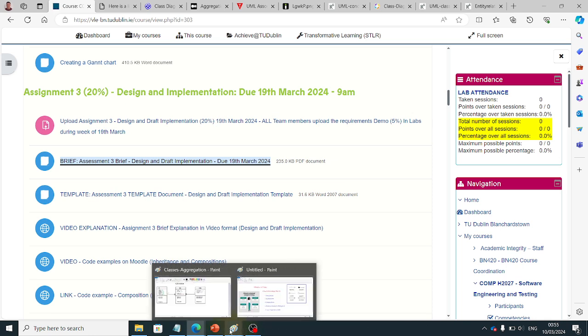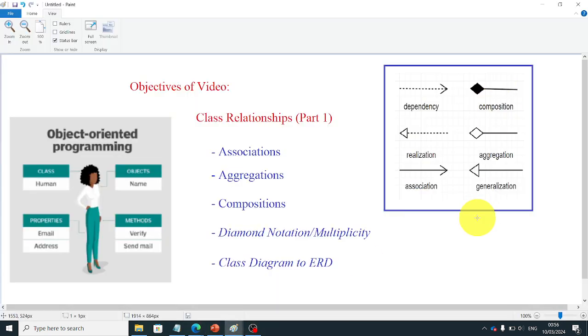But I think to call yourself any kind of a software engineer, you'd want to have done a good range of these relationships. So at least the two types: aggregation, a partial ownership, composition, a full ownership, and a generalization or an inheritance.